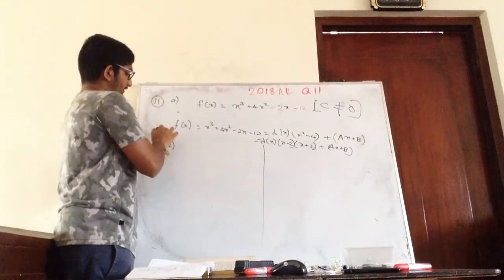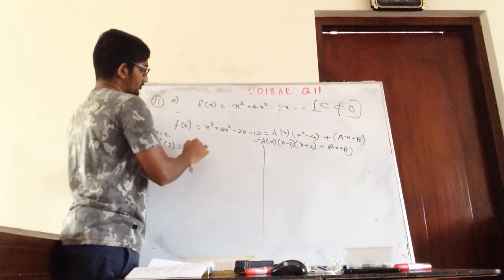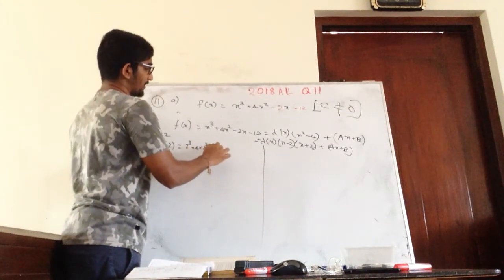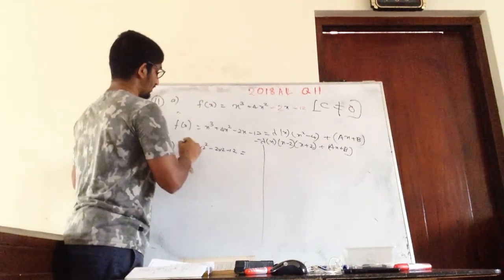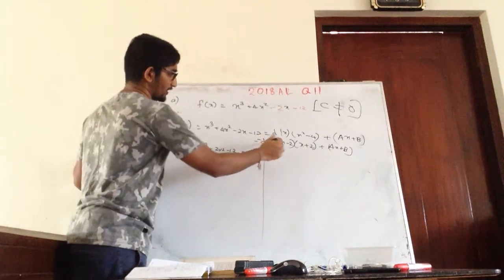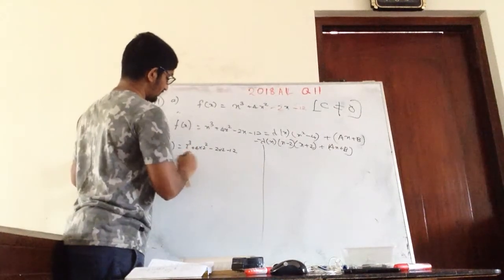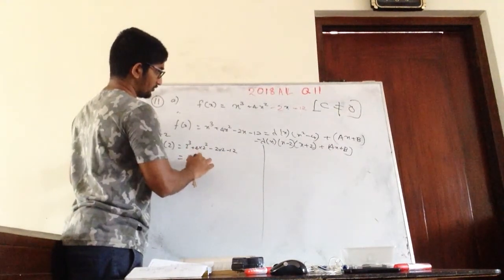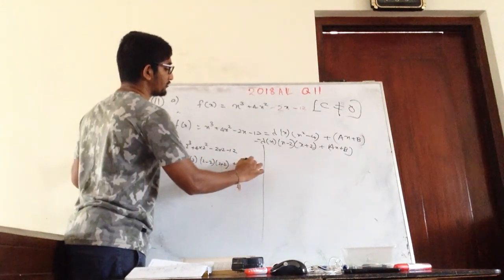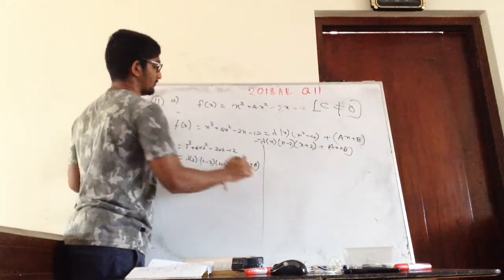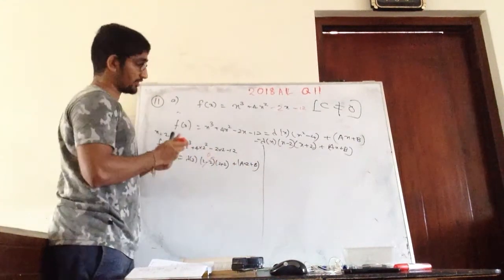f of 2. When x equals 2, you will get 2 to the power 3 plus 4 into 2 squared minus 2 into 2 minus 12 equals lambda into 2 minus 2, 2 plus 2, plus a into 2 plus b. Here this whole part will be 0.